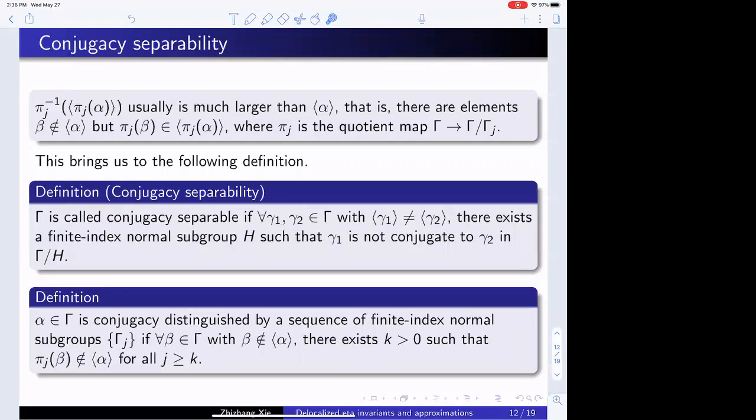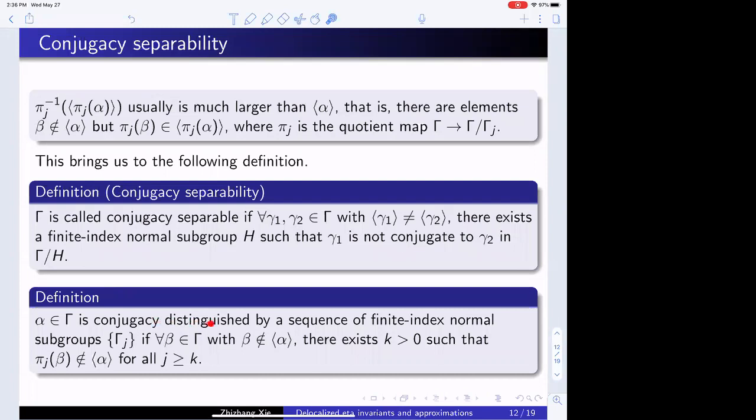Since this is a condition on the entire group, and when we define the delocalized eta invariant we only care about one conjugacy class at a time, we can make a specialization of the above definition.